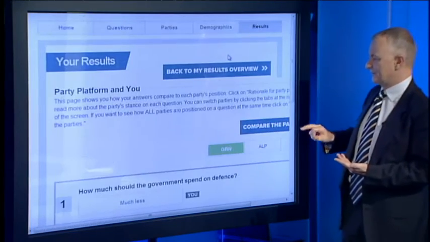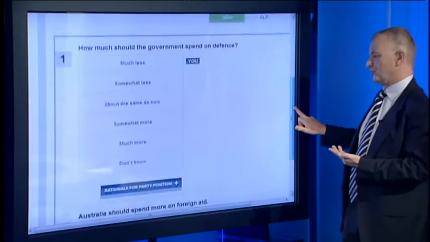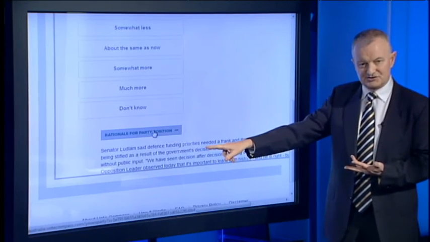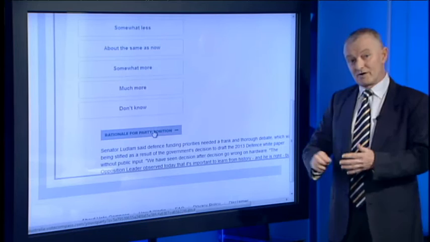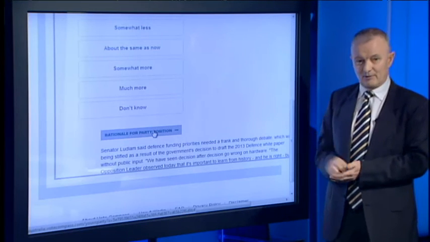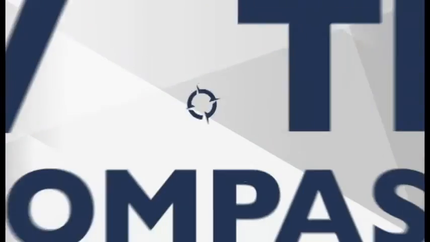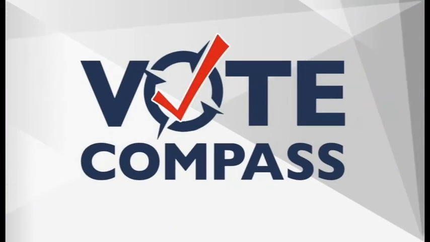If you select one of the political parties, come down here and hit rationale, it will show you what the party's position is. So if you're really interested in the policy on one of the questions, you can go in and read the policy position of each of the political parties in answer to that question.